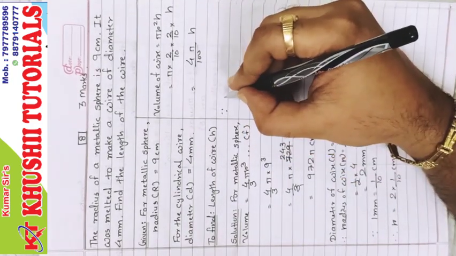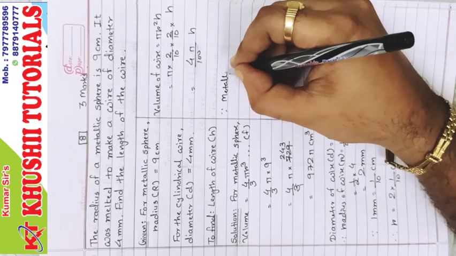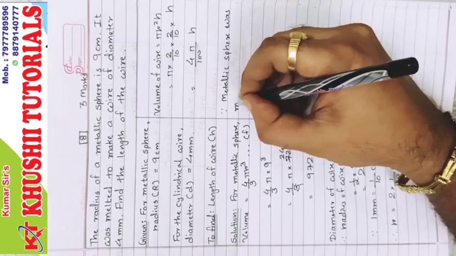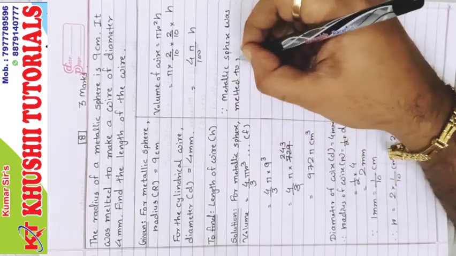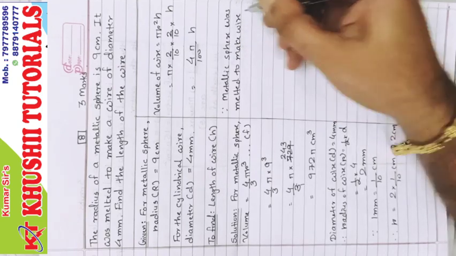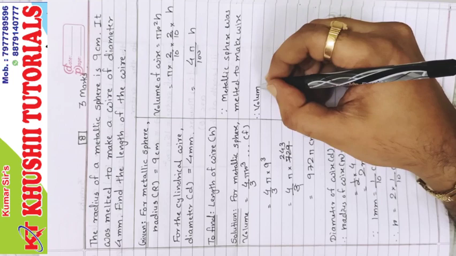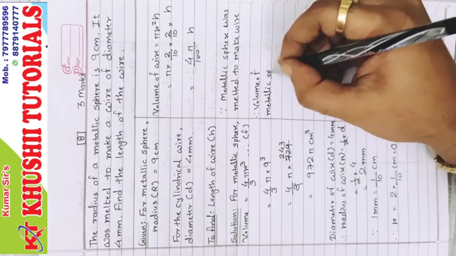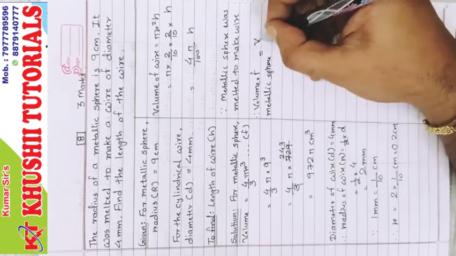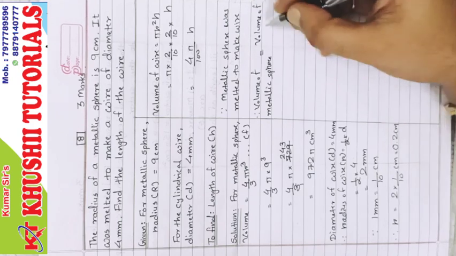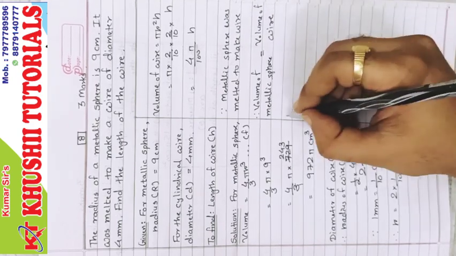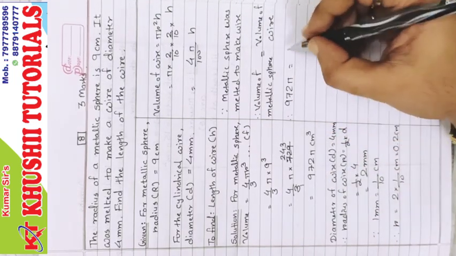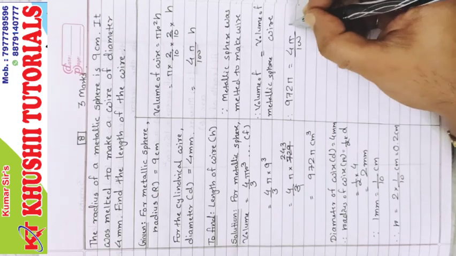Since metallic sphere was melted to make wire, therefore volume of metallic sphere equal to volume of wire. Volume of metallic sphere we got 972 pi, and volume of wire is 4 pi upon 100 h.